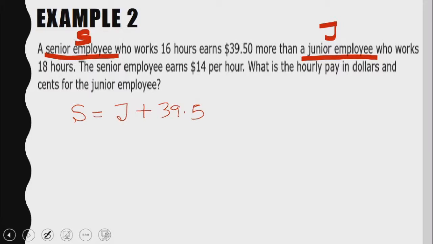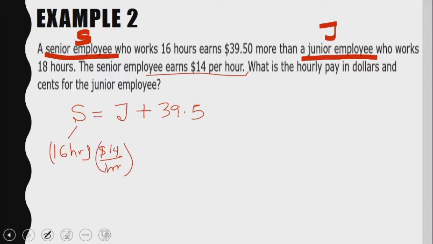So we are told that the senior employee works 16 hours, and the senior employee earns $14 per hour.